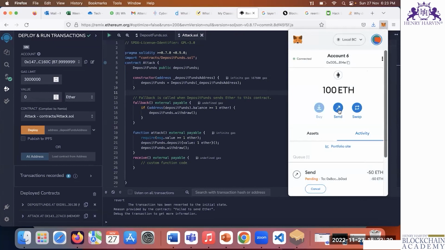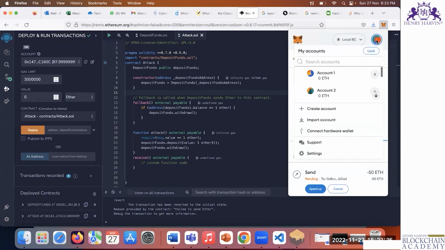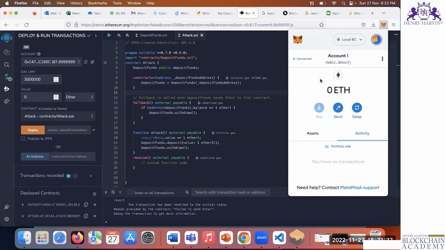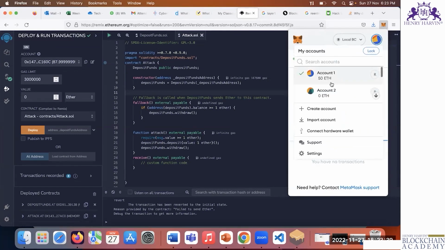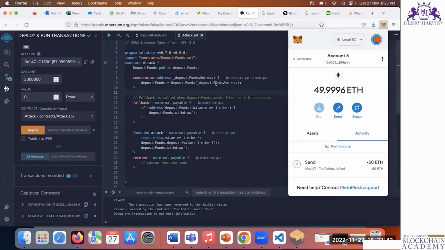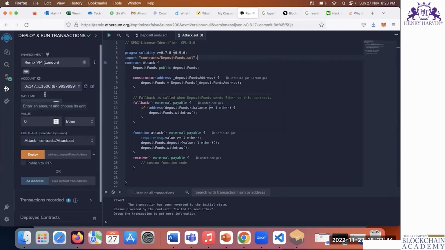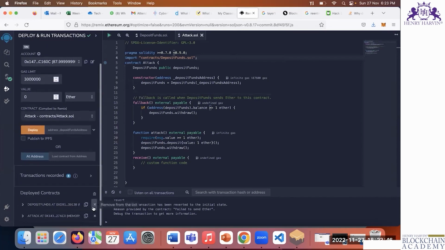Okay, now this account has 50 Ethereum, credited. I have two accounts with some balance. That's fine. And now I am deleting these two smart contracts.